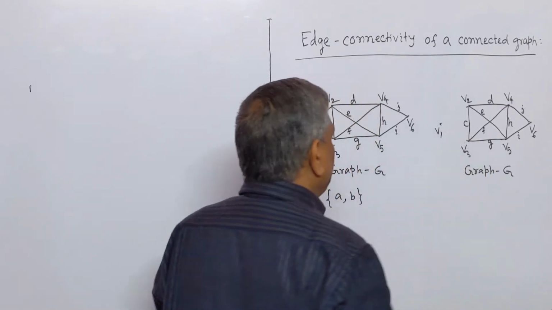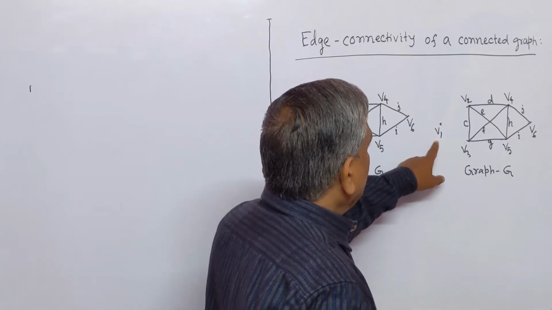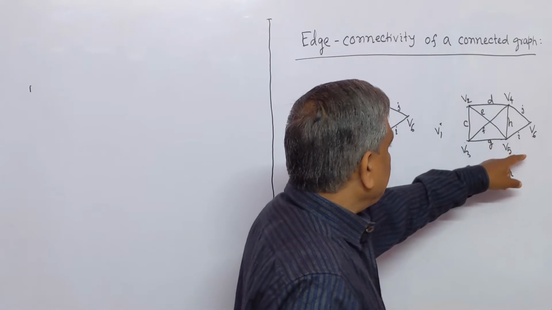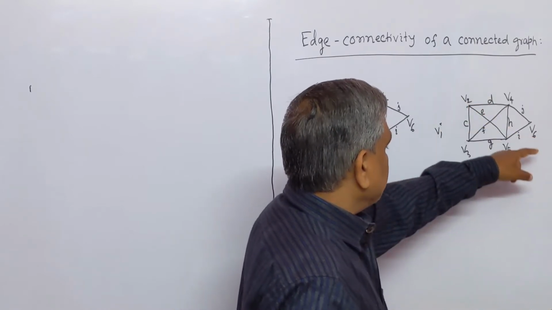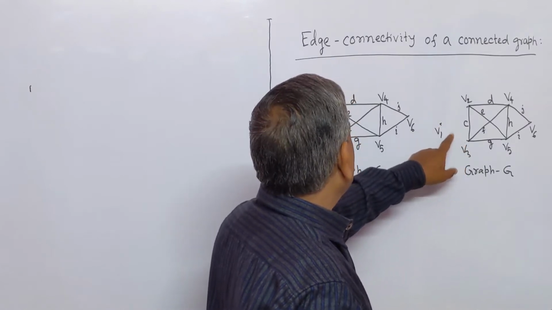Here the first component contains only vertex V1 and the second component contains the remaining vertices. Also the edges A and B are removed.